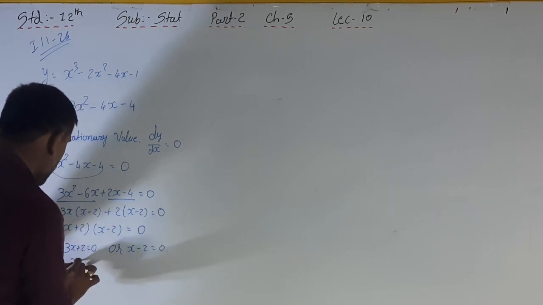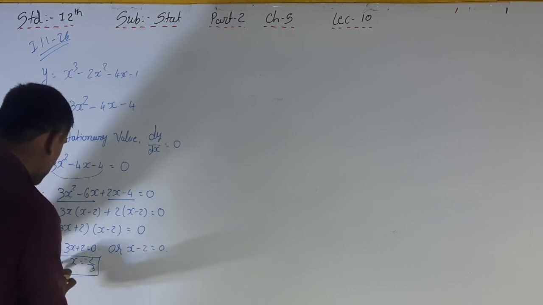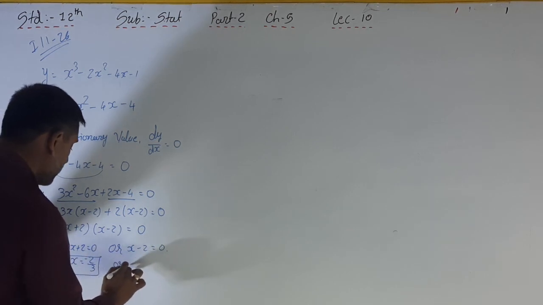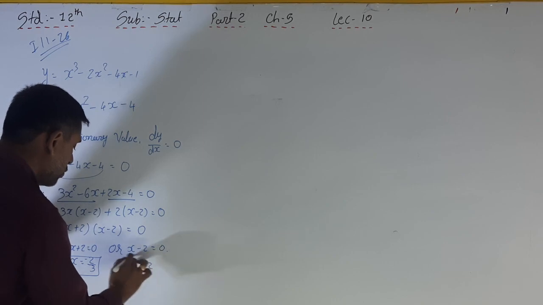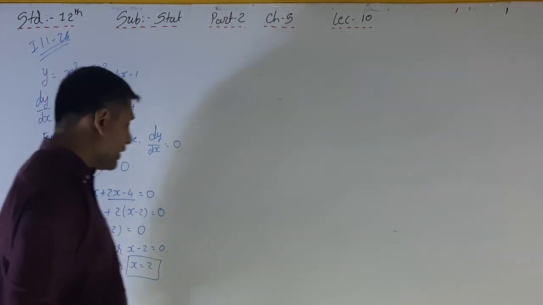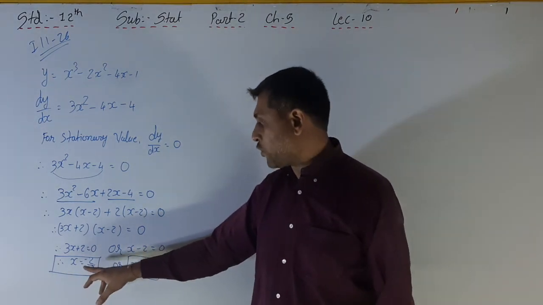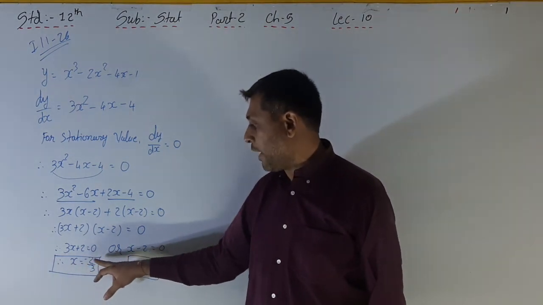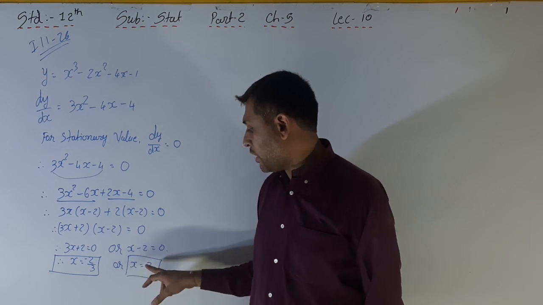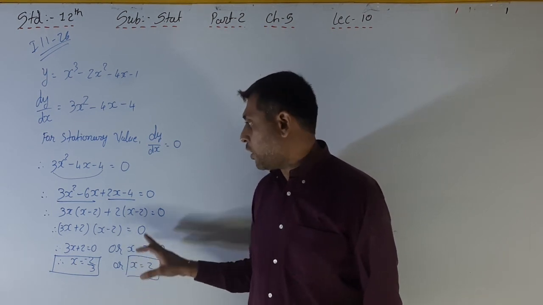Therefore, we can say that x is equal to minus 2 by 3, and here x is equal to 2. See here, we are finding out the two stationary values. That is, the first stationary value is x is equal to minus 2 by 3 and the second stationary value is x is equal to 2.